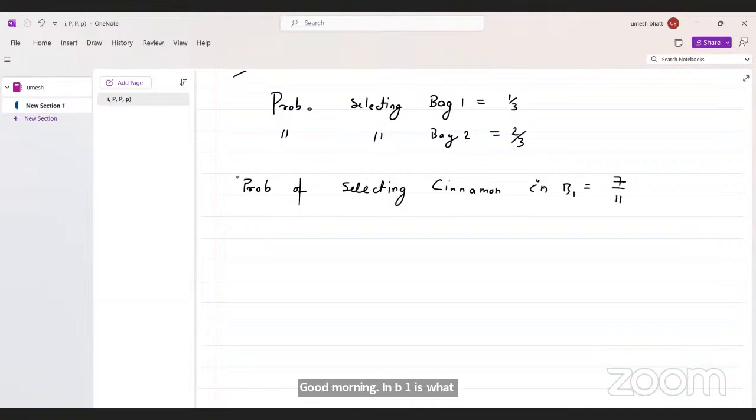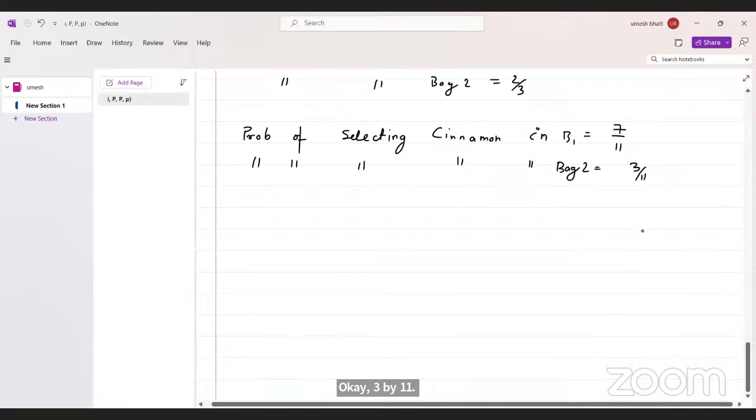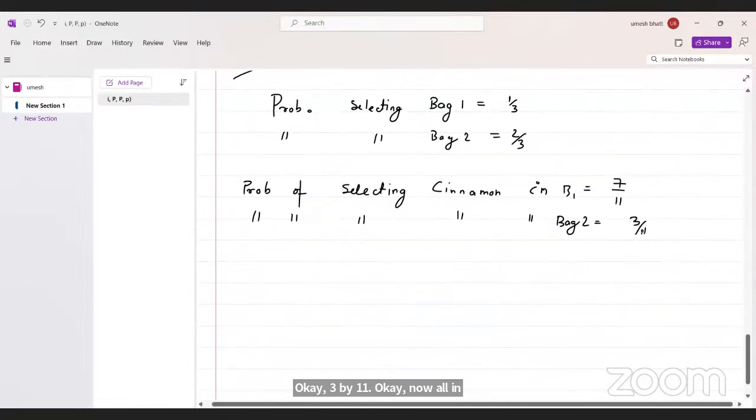Similarly, the probability of selecting cinnamon from bag 2 is 3 by 11. Okay, now all the information which we need is done. Now, what is the probability that she wins?